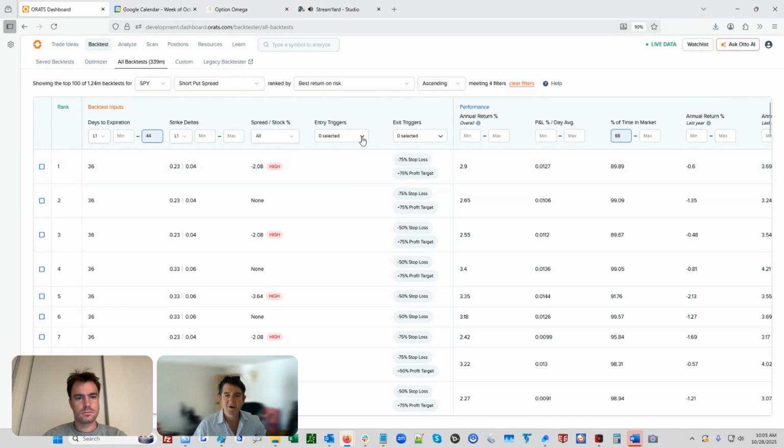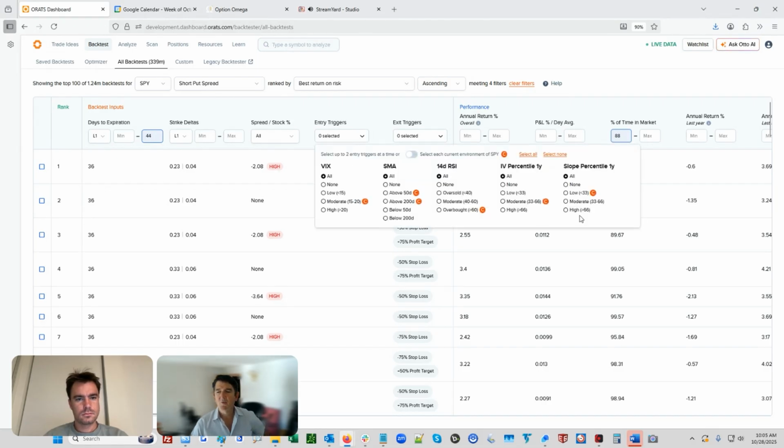We have entry triggers. I set the time in the market at 88, so none of the entry triggers will be actual triggers. We have triggers like the VIX level, the SMA level, how the stock is trending, and where the stock is versus these levels, above or below. RSI, relative strength index: oversold, moderate, or overbought.